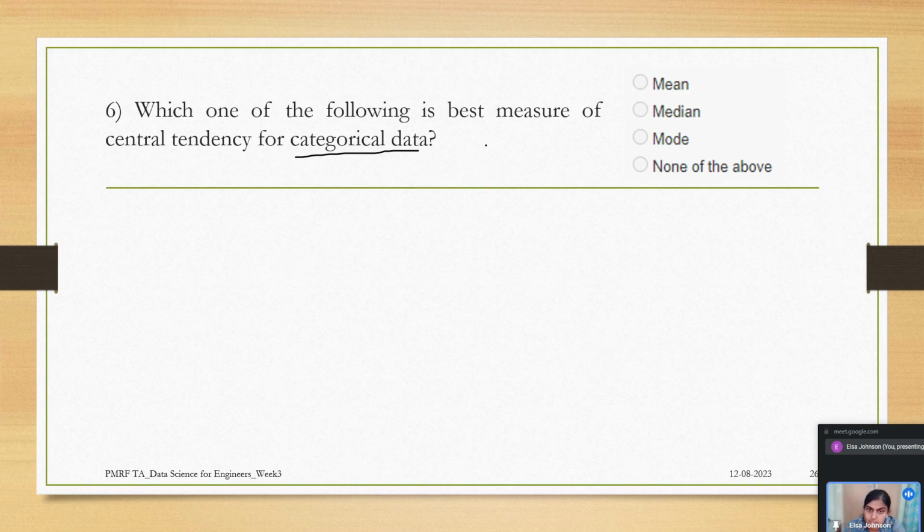The result will be either of the 3 classes, and there will be repetition of these 3 classes in the data set. So in such cases, the best measure of central tendency will be mode. I think you have seen this in your lectures, right?